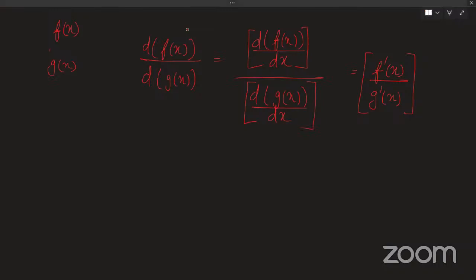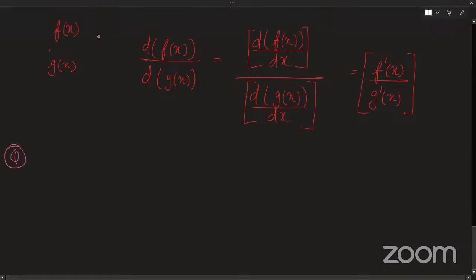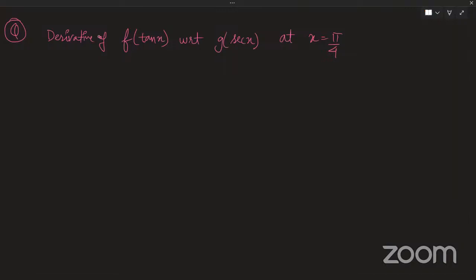So let us directly move on to a question related to this. You have been given the derivative of f of tan x, where f of x is any function, with respect to g of secant x at x is equal to pi by 4.